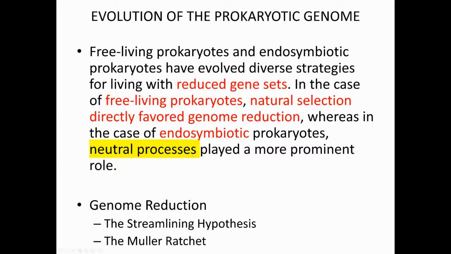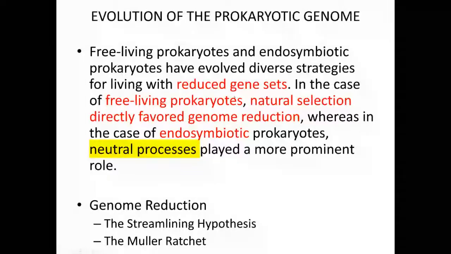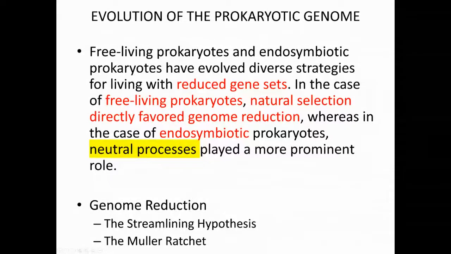Okay, so there are two different processes. For natural selection, basically they have the streamlining hypothesis. For the neutral process, that's the Muller's ratchet hypothesis, for gene reduction.